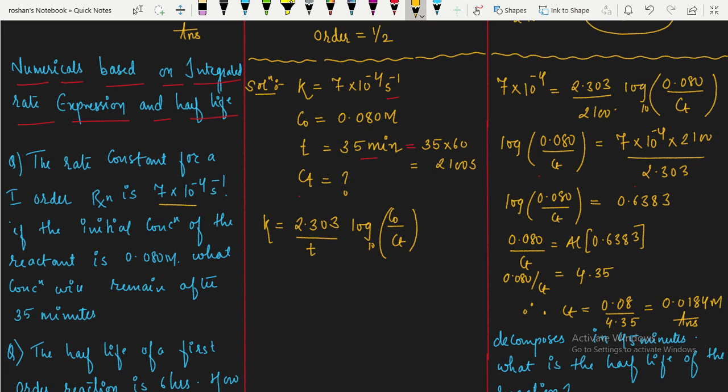If you check the next numerical, the next numerical is like this. The question is the half-life of a first order reaction is 6 hours. So if they give you the half-life, half-life means they have basically given you T half.